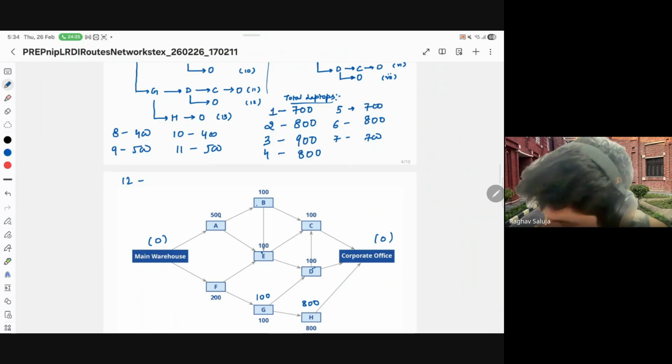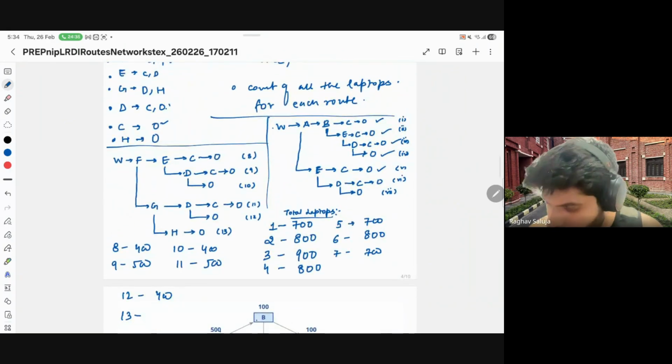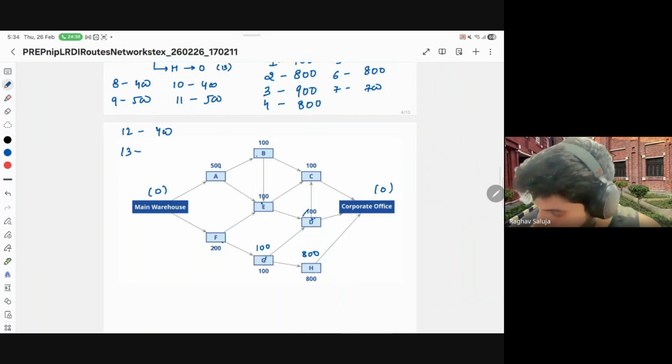This is 400 again. FGD, 400. And for 13th, FGH, 200, 100, 300, 800, 1100.